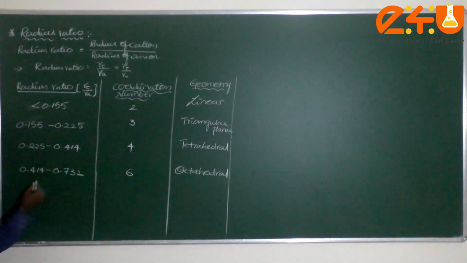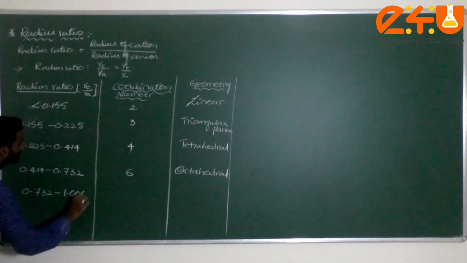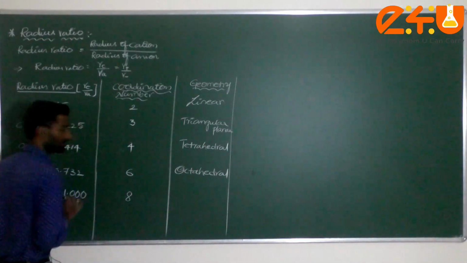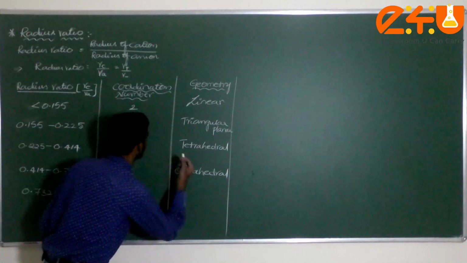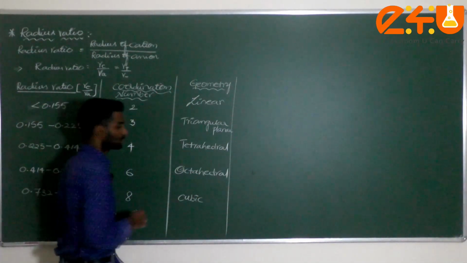Next, the radius ratio from 0.732 to 1.000, its coordination number is generally 8. If it is 8, obviously its geometry becomes cubic.